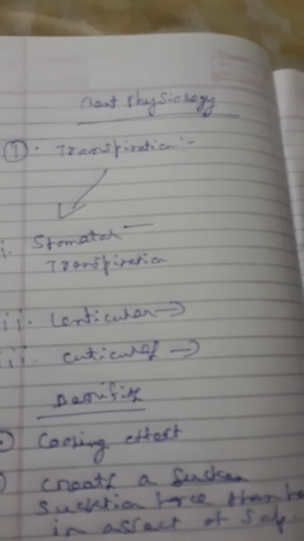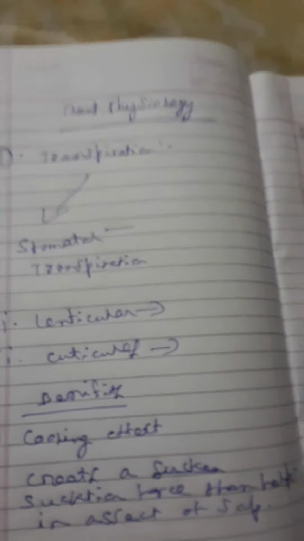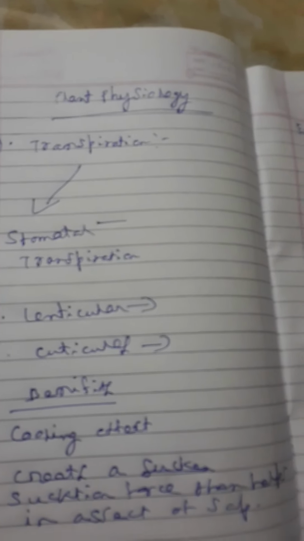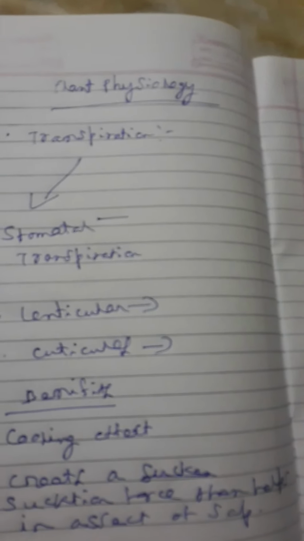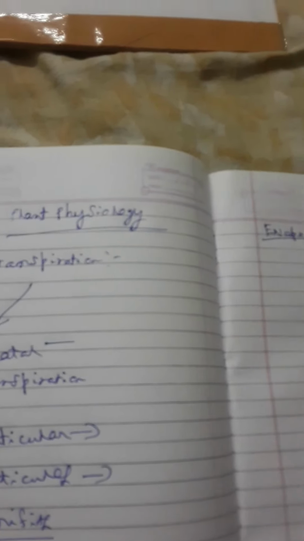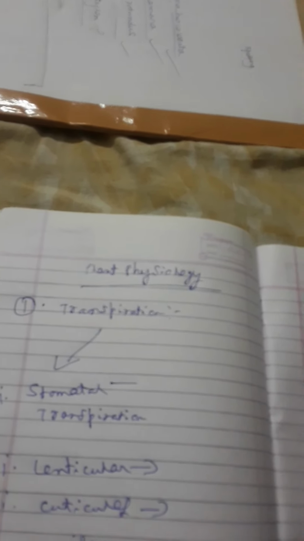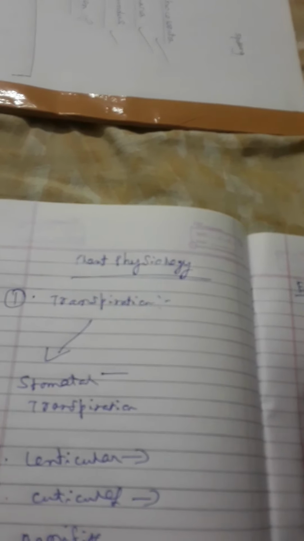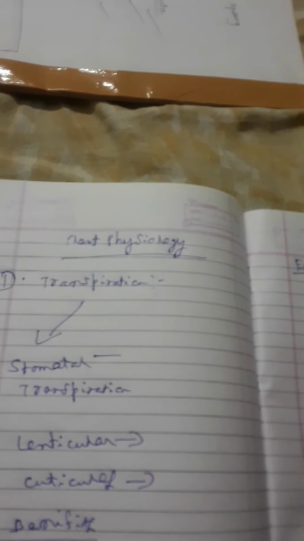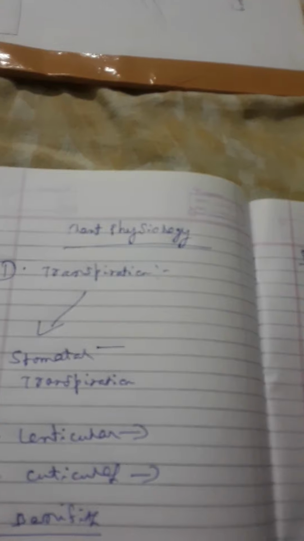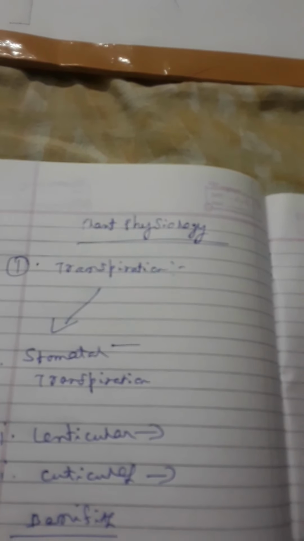Now let us come to the concept of evapotranspiration. Evapotranspiration is nothing but the simultaneous effect of evaporative loss of water through the aerial parts of plants such as stoma, lenticels and cuticles, and the evaporative loss of water from the soil surface.